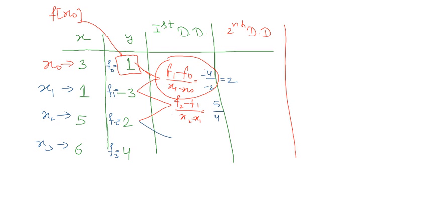Now the next first divided difference below is f3 minus f2 divided by x3 minus x2.